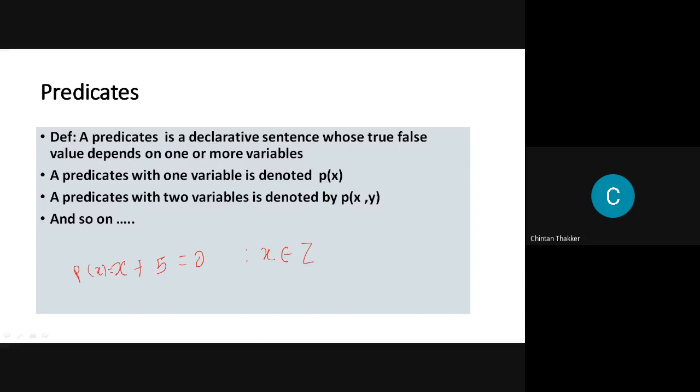Mostly we denote predicates this way. Here x belongs to Z means the domain is always given in a predicate, where Z is called the domain of this predicate. Like we have the example here, where the domain is given.